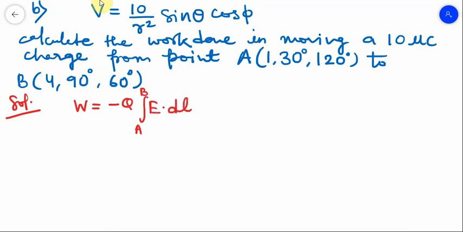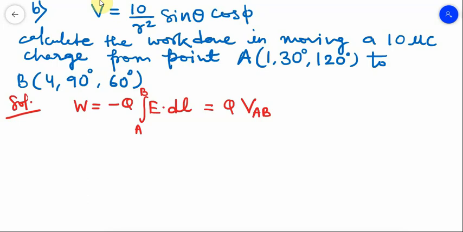This E dot dl integration can also be written as the potential, because you know that V equals the negative line integral of the electric field intensity. So it can also be written as Q into VAB, the potential between points A and B.